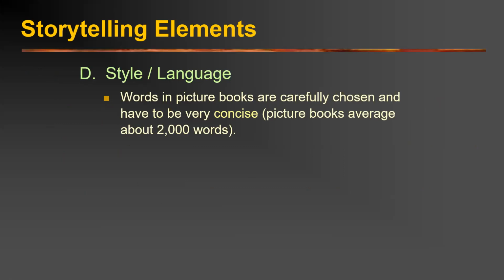That's why we have to choose our words correctly whenever we are writing one or creating one. So that is one characteristic of a picture book in terms of storytelling elements. So characterization, the plot, the style, the language should be straightforward, should be concise, it should be simple.